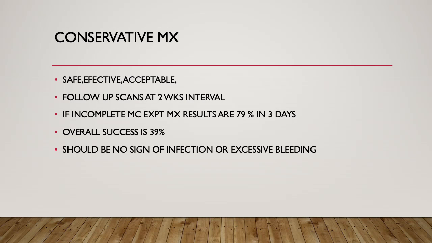Overall success is 39%. Still 60% of patients need either medical or surgical management. If there is a sign of infection or excessive bleeding, we may require intervention. So in conservative management, we let the patient wait so the pregnancy products will expel on their own.